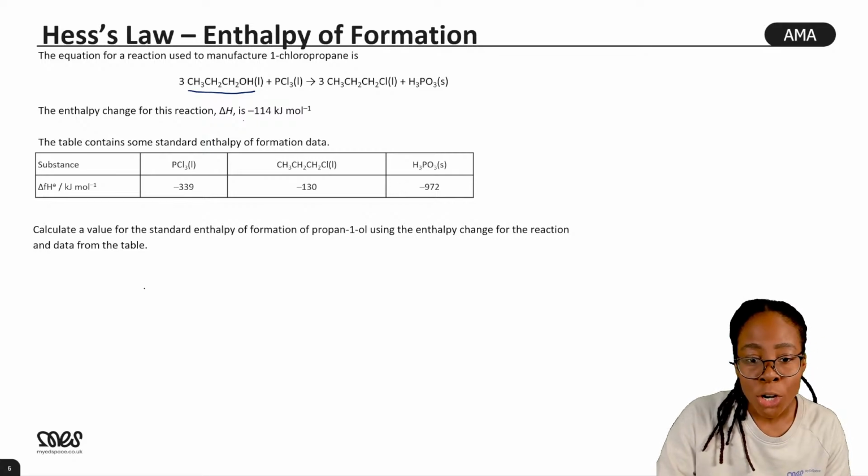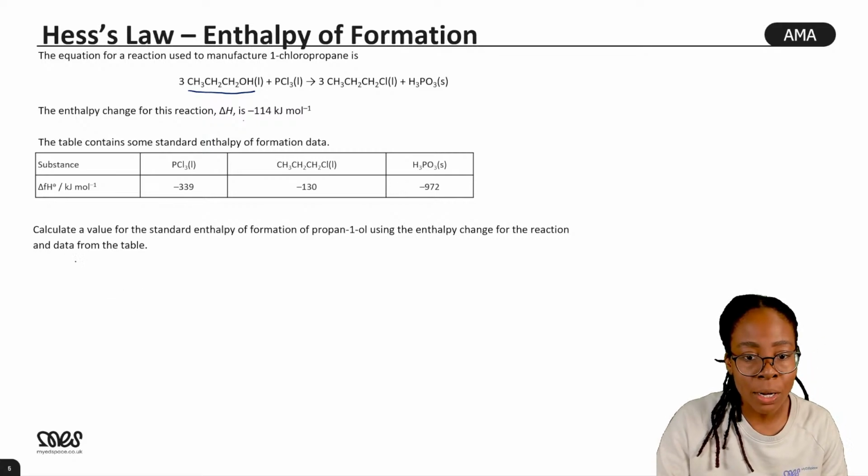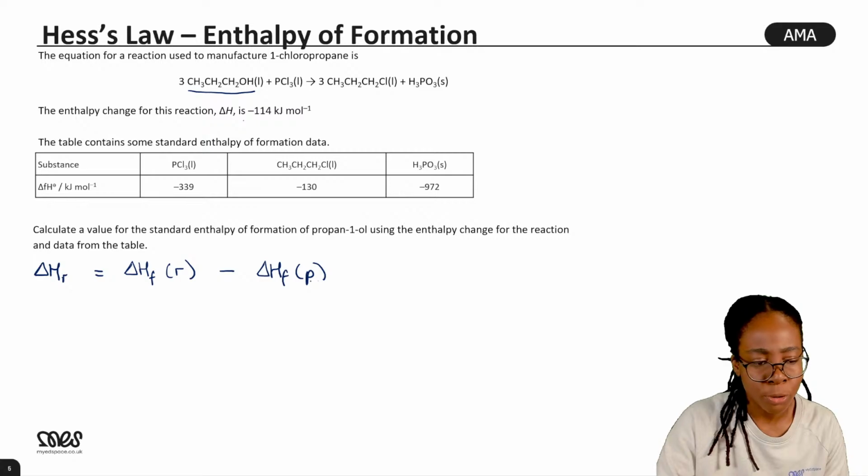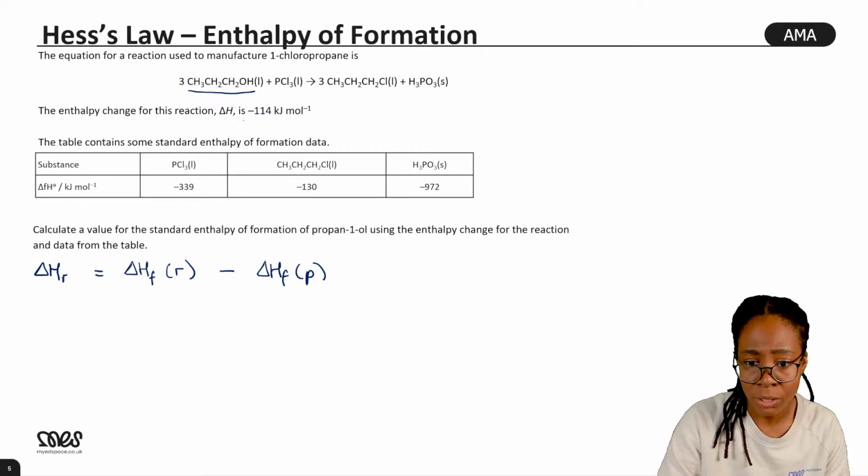So because we know without having to draw our cycle that our enthalpy change of reaction is equal to the enthalpy of formation for our reactants minus the enthalpy of formation for our products. Hang on, no, it's not. How embarrassing.